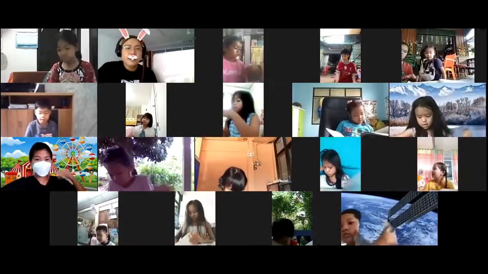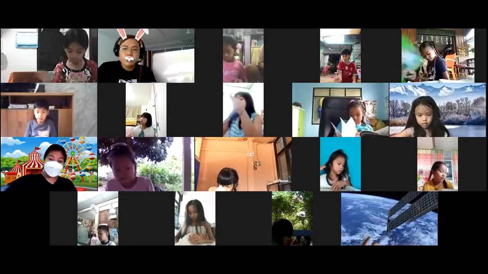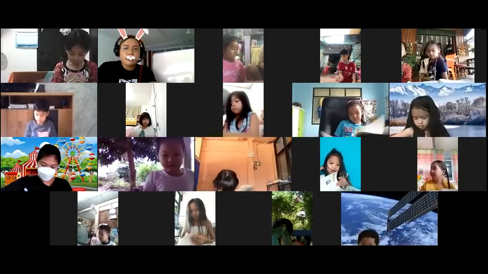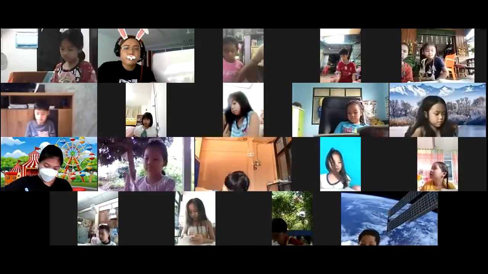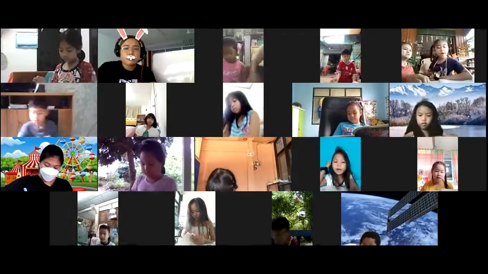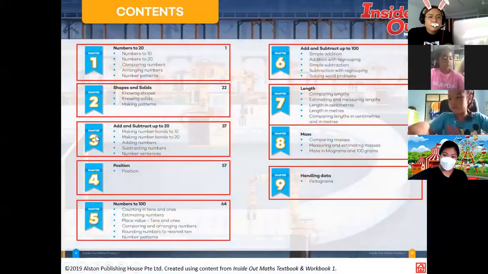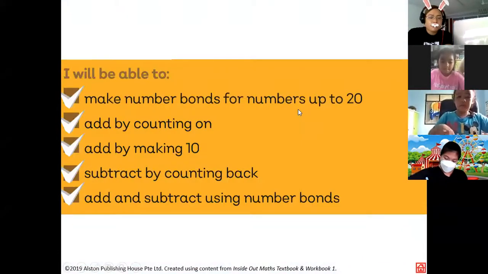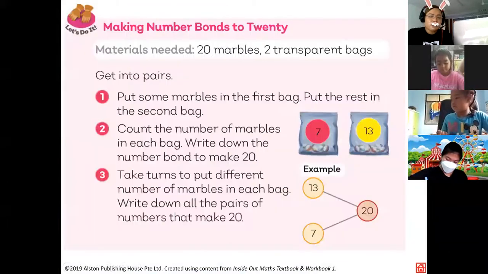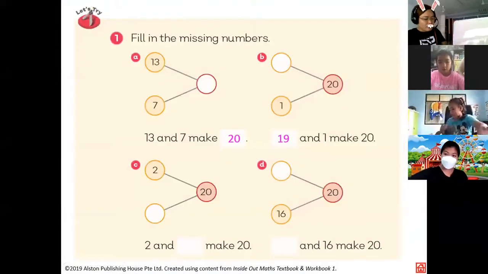Okay, let me open and share the page for you. Just give me one second. So that's going to be on page number 42, adding numbers using number bonds.